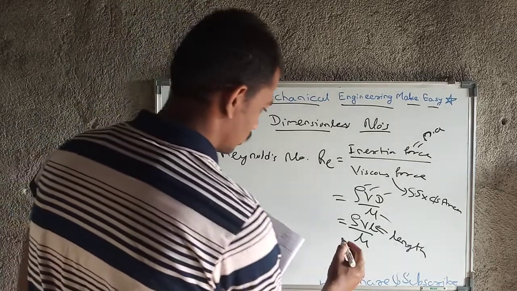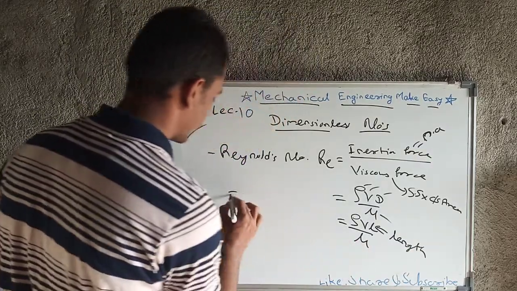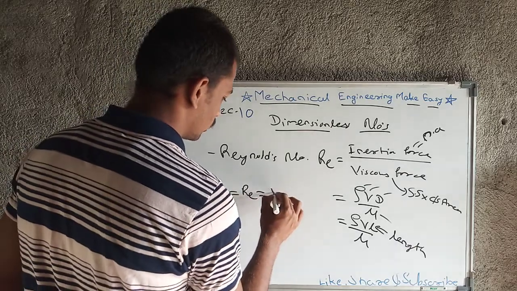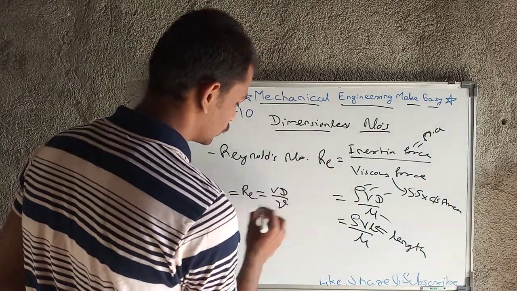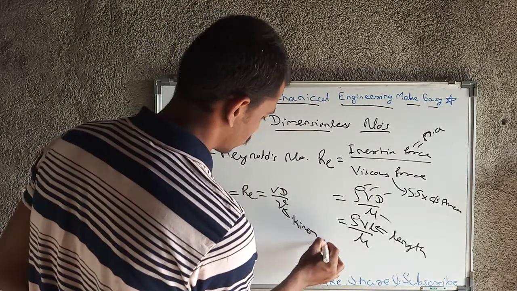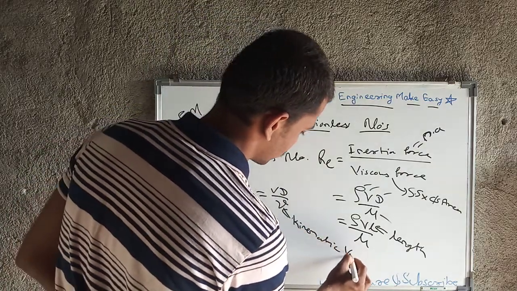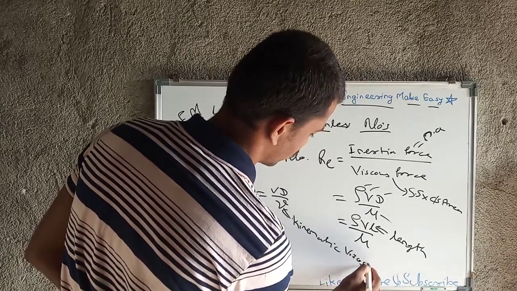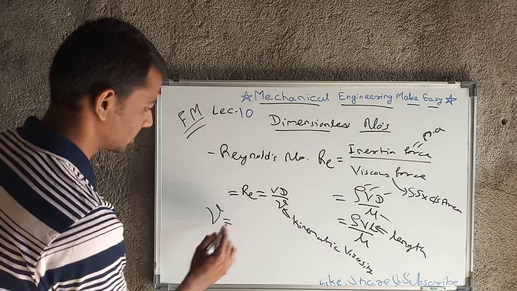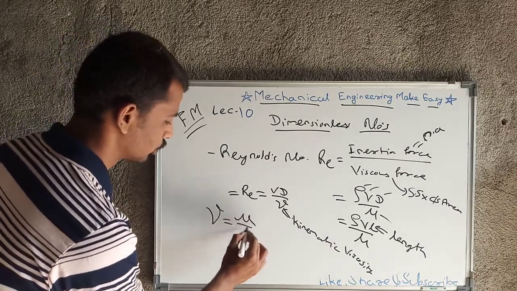Reynolds number is also written as v d by nu, and this is kinematic viscosity, because we know kinematic viscosity is nothing but mu by rho.